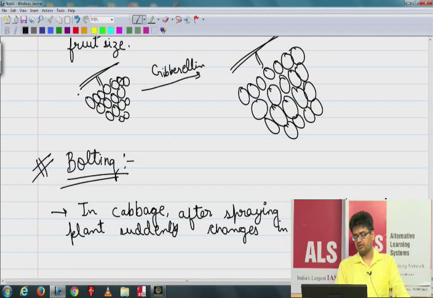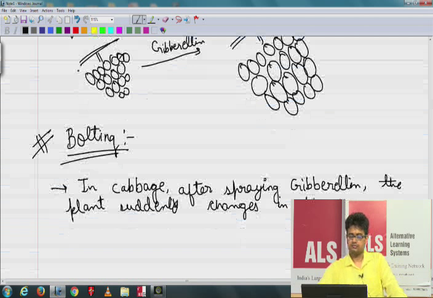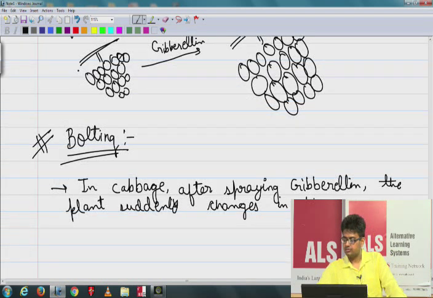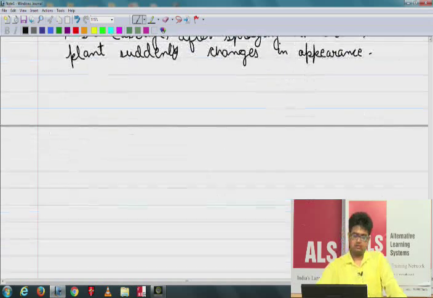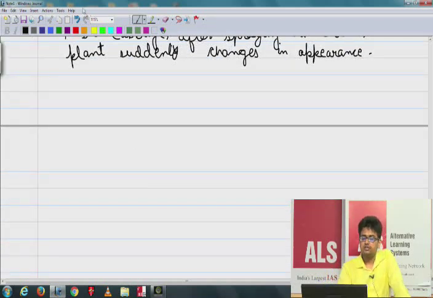Now, what are these changes? Let us see.